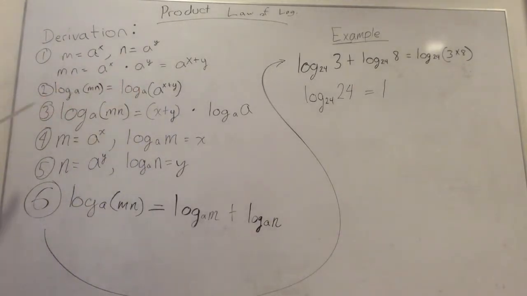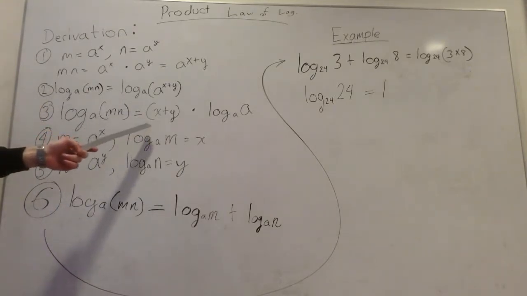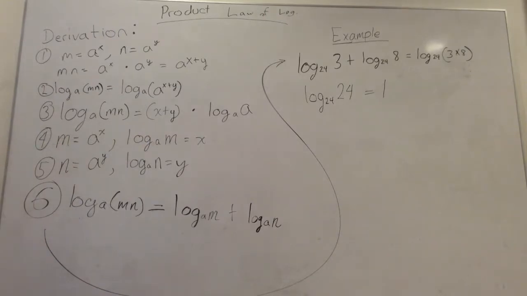Now we put both sides into log base a. For that, we get that log base a of mn equals x plus y. And once we rearrange the two equations, we have the expressions for x and y, and then substitute them into equation number 3. We get equation number 6: log base a of mn equals log base a of m plus log base a of n.